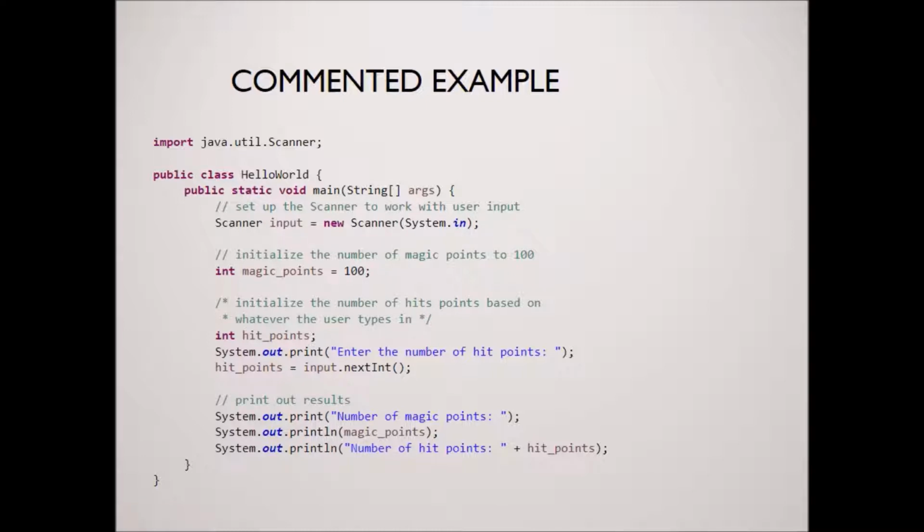NextInt means that we're going to take the characters that are input and convert them to an integer. And keep in mind that on assignment operations, there needs to be a type match from the left and the right, and we have that here because hit points is declared as an integer, and whatever's input is being converted to an integer on the right hand side, so there's no type mismatch on the assignment operation. And then down at the end we show another example of outputting to the screen that tells us that the bare word hit points gets automatically converted to a string when it's concatenated on the way out.